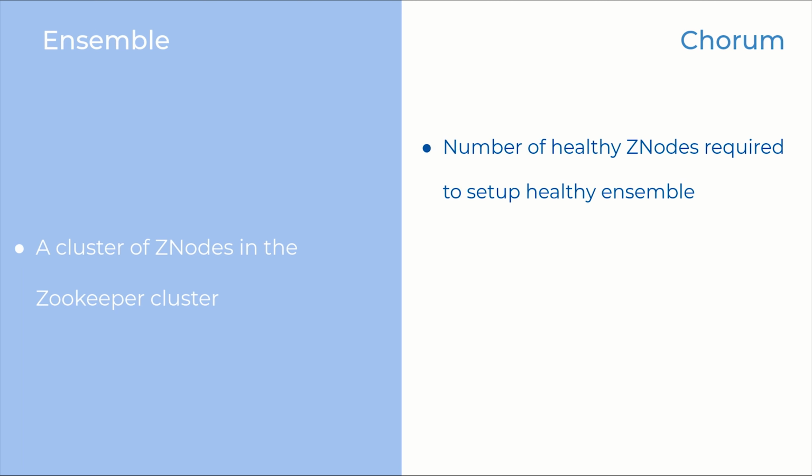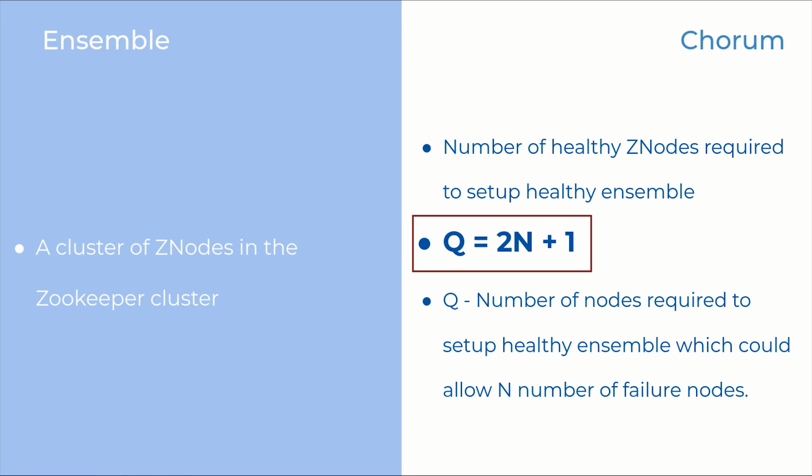And there is a specific formula to calculate the quorum and the optimum cluster size. Before that, we will check the difference between ensemble and quorum. The ensemble is the number of Znodes in the cluster, and the quorum is the number of healthy Znodes required to perform a leader election. Q = 2n + 1 is a formula which is used to decide the number of nodes required to set up a healthy ensemble, where n is the number of nodes which could fail while maintaining the active cluster state.